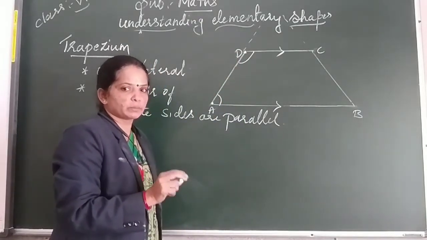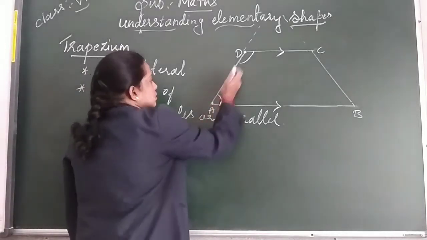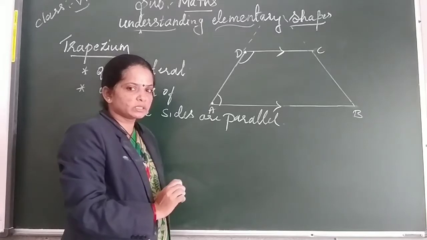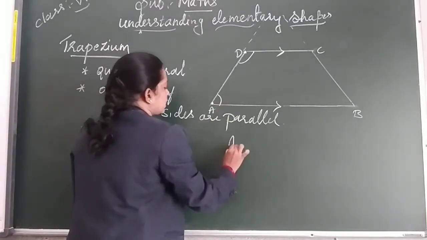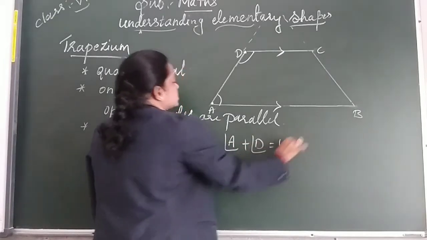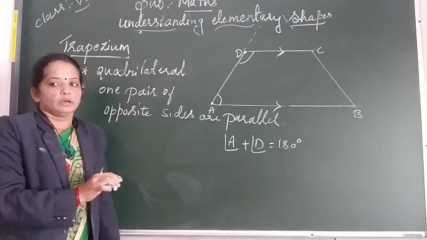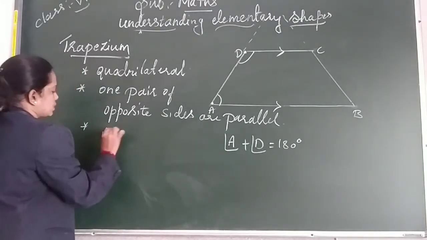You know the meaning of supplementary. Supplementary means when the sum of two angles is 180 degrees, those angles are supplementary. So here angle A plus angle B will be 180 degrees. Adjacent angles of a trapezium are supplementary.